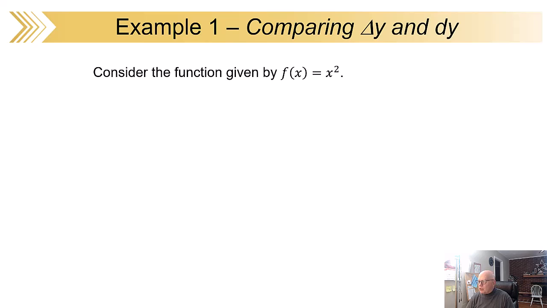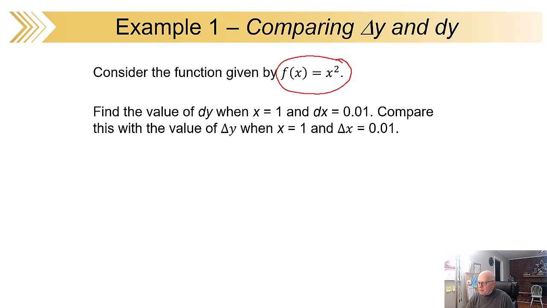So we take our old buddy, the simple quadratic function, just x squared, and we'll see how this goes. So first of all, here's the question. Find dy when x equals 1 and dx equals 0.01.